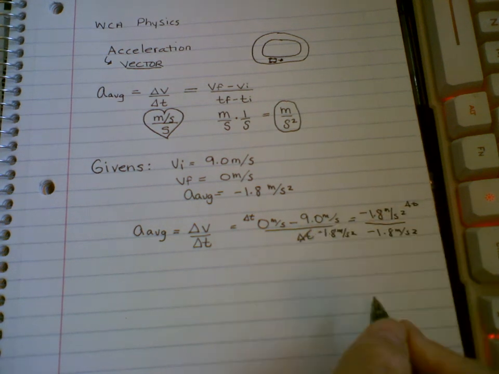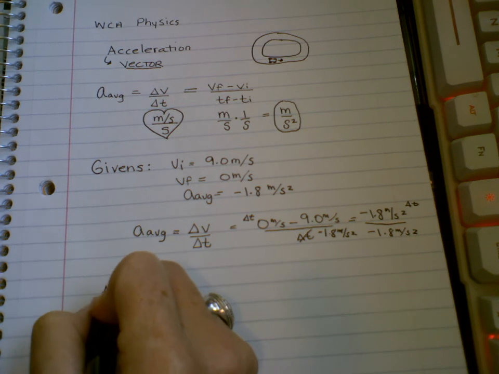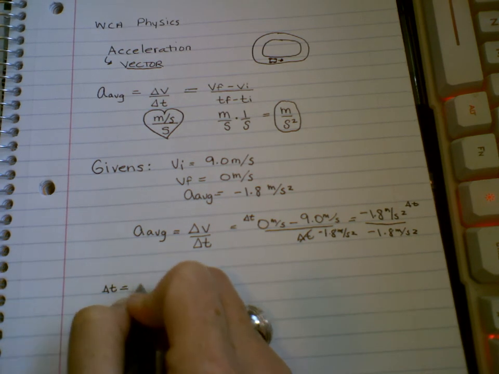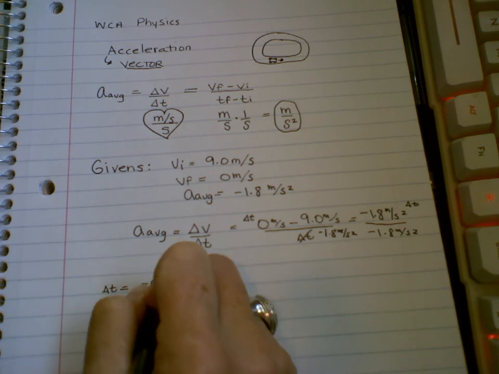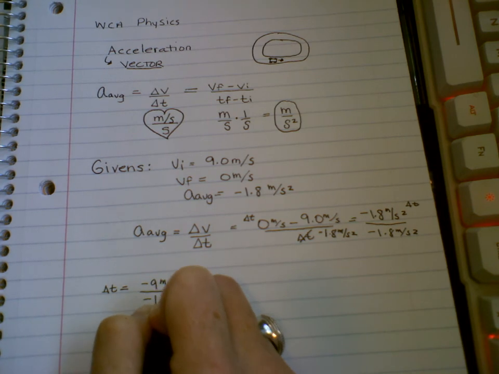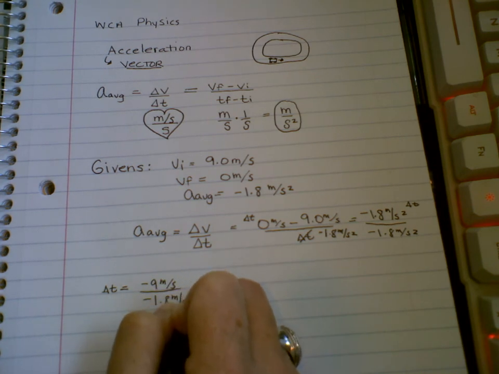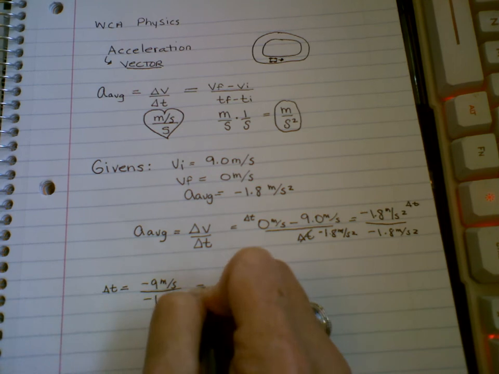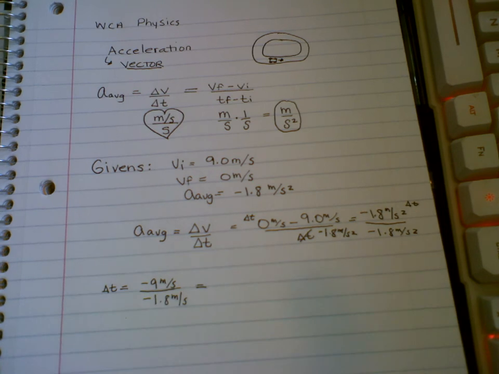When we do that, we end up with delta t equals negative 9 meters per second divided by negative 1.8 meters per second squared. Where's my calculator? It's hiding here.